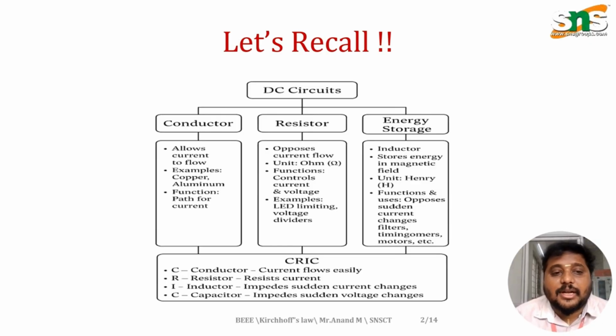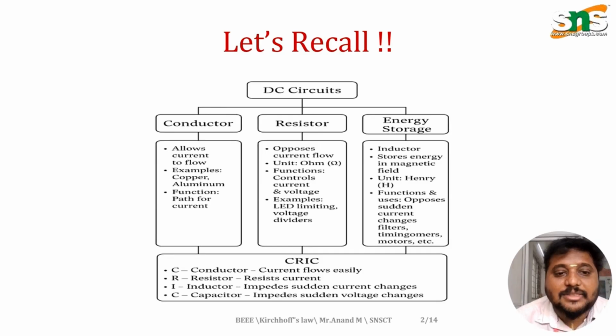A conductor allows the current to flow from one circuit to another, from left to right or from energy source to load. Examples: copper and aluminum are the major conductors, and its function is to provide the path for current. It is the only component used to transmit the current from one direction to another direction.